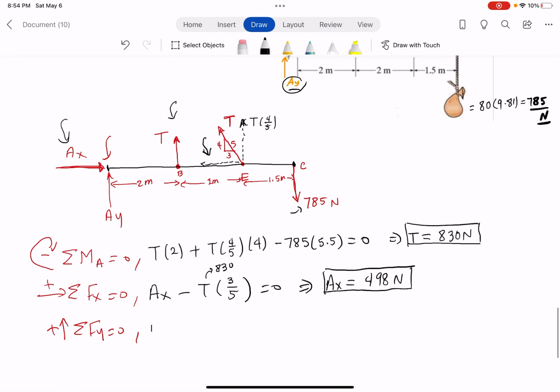This is going to be AY plus tension, plus this tension, that's plus 830, plus this tension, plus 830 times 4/5, minus 785 equal to 0. So now let me just check this again.